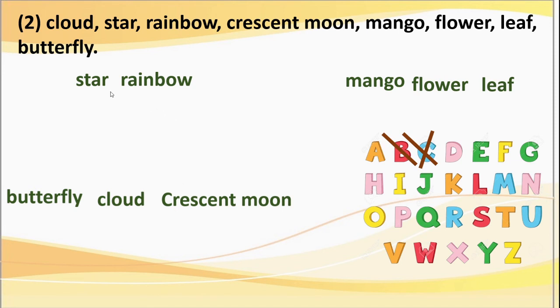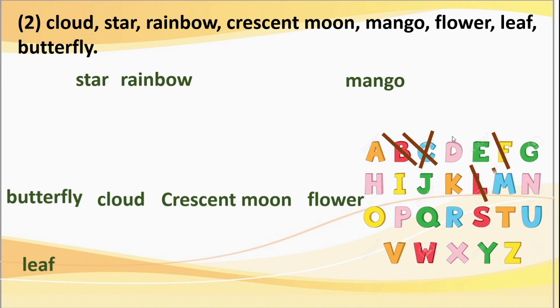Nice. Now here our C is over. D. No D word, correct. Then E. No word begins with E. Then F. Flower. Very good. Flower we will write next to the crescent moon. Then G word. H. I, J, K, L, yes, leaf is there. We will take this leaf here.